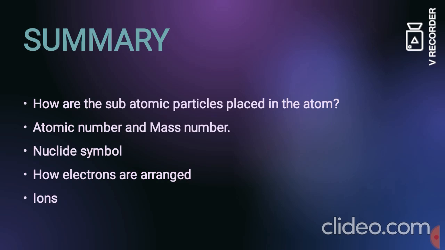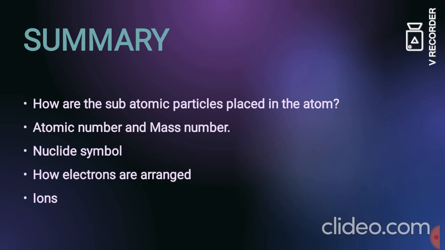Students, in today's class we have learnt about how the subatomic particles are placed in the atom. Niels Bohr says that electrons revolve around the nucleus in a circular orbit, just like planets revolve around the sun. Then we have seen atomic number and mass number.